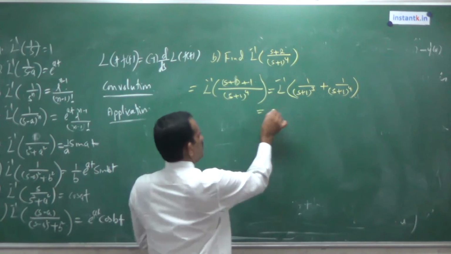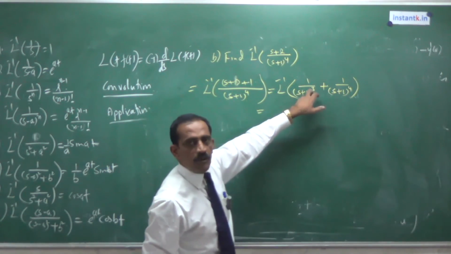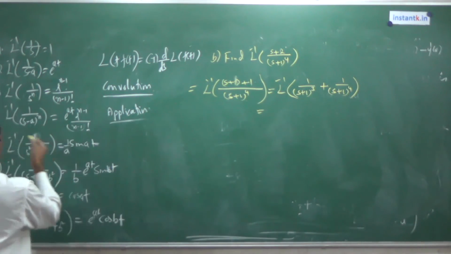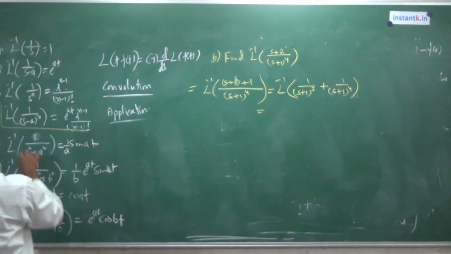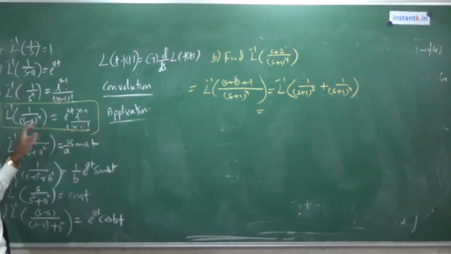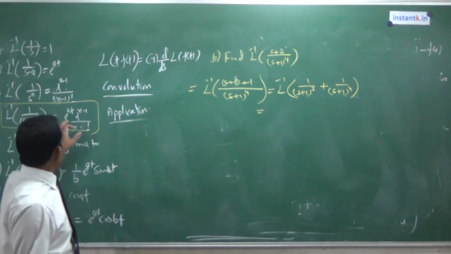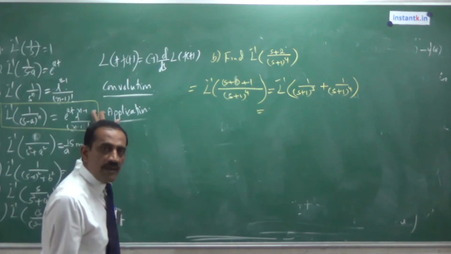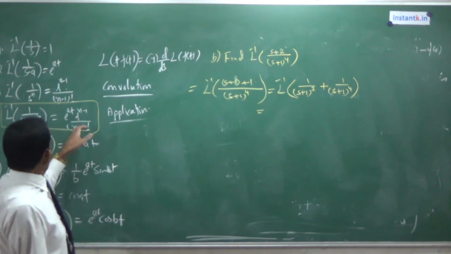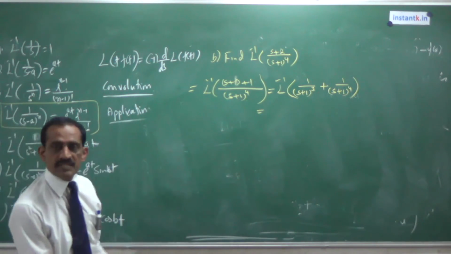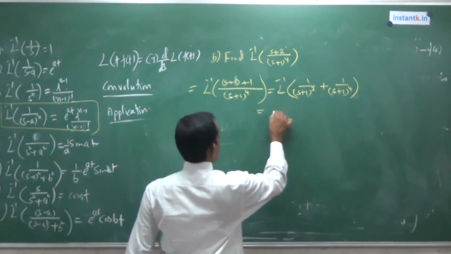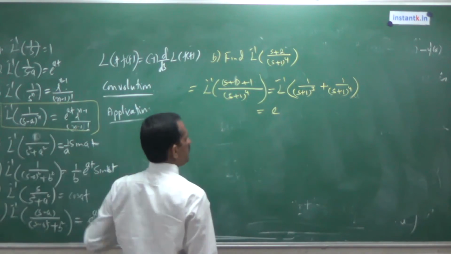Now it is in the form 1 over (s plus a) to the power n. You have to remember the formula for this. L inverse of 1 over (s minus a) to the power n is e power at into t to the power n minus 1 divided by (n minus 1) factorial. Here instead of minus there is plus. That's the only change.